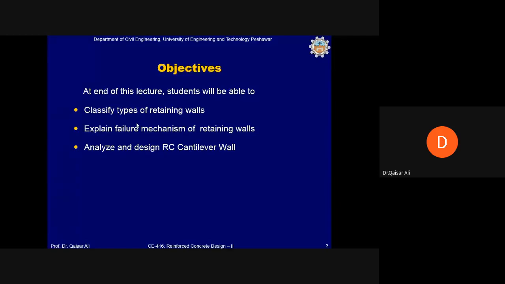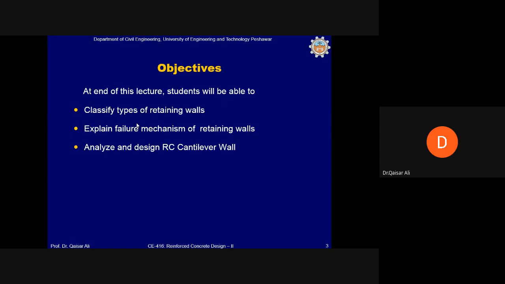This lecture has been devised in such a manner that you will be able to design one reinforced concrete retaining wall, but along with that, you will also be able to classify some types of retaining walls, and the failure mechanism of retaining walls will also be discussed.